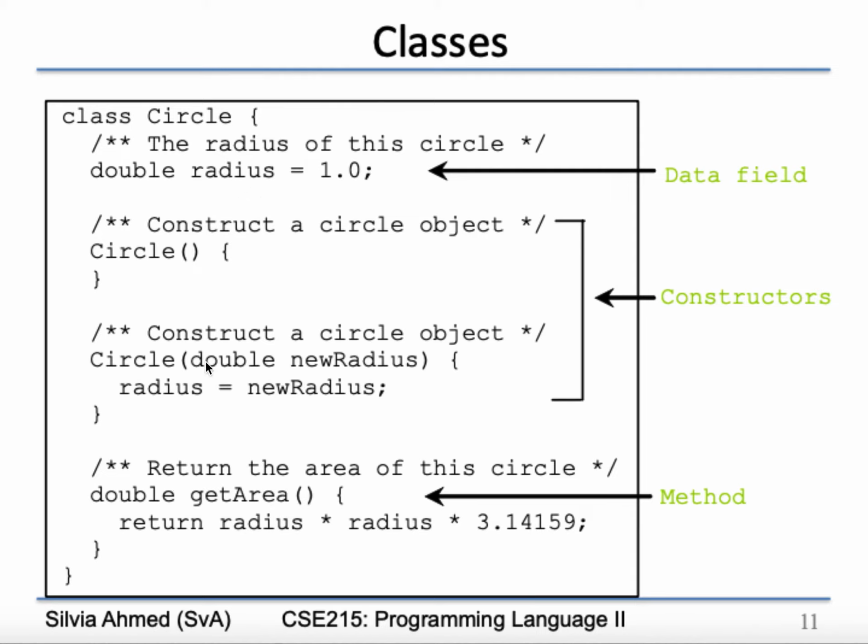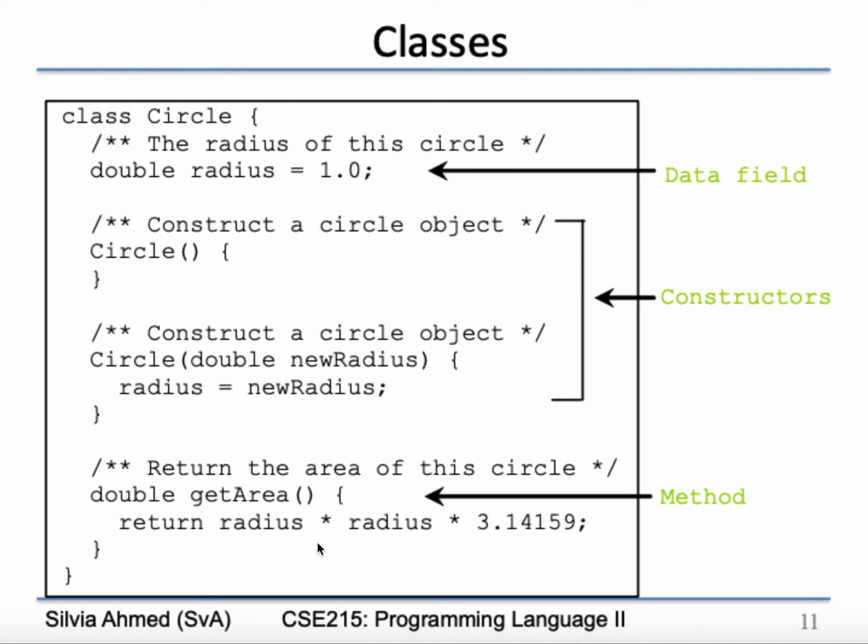Then we have two constructors for this circle. This is the first constructor, this is the second constructor, and this is called constructor overloading, just like method overloading, where the name is the same and the parameter list is different. And we have a method, double getArea. The method name is getArea. It does not take any input parameter, and it returns a double value.